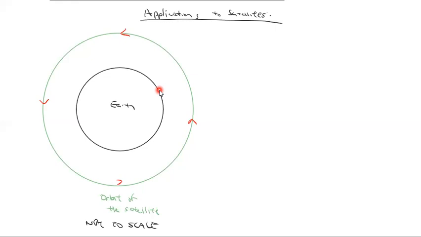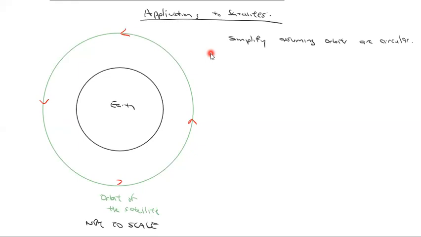When we've got these applications to satellites, we will simplify by assuming orbits are circular. For many of the orbits you are studying, they're close enough to circles that it's reasonably accurate.